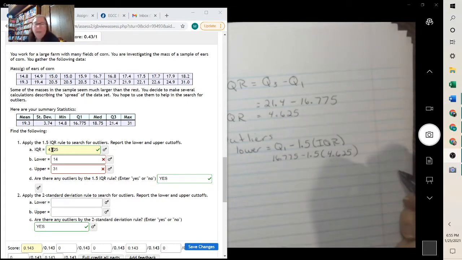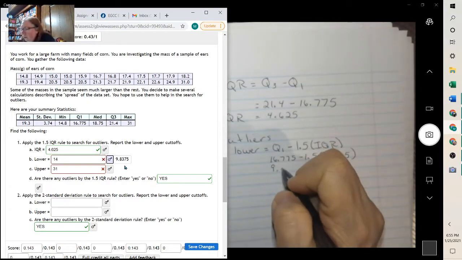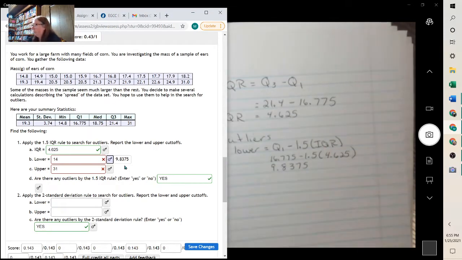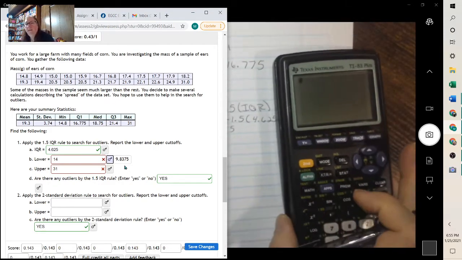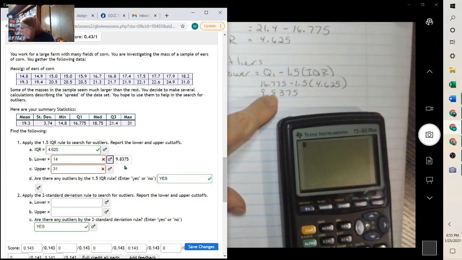And when we do that, we get 9.8375. So if we take 16.775 minus 1.5 times 4.625, we get that.